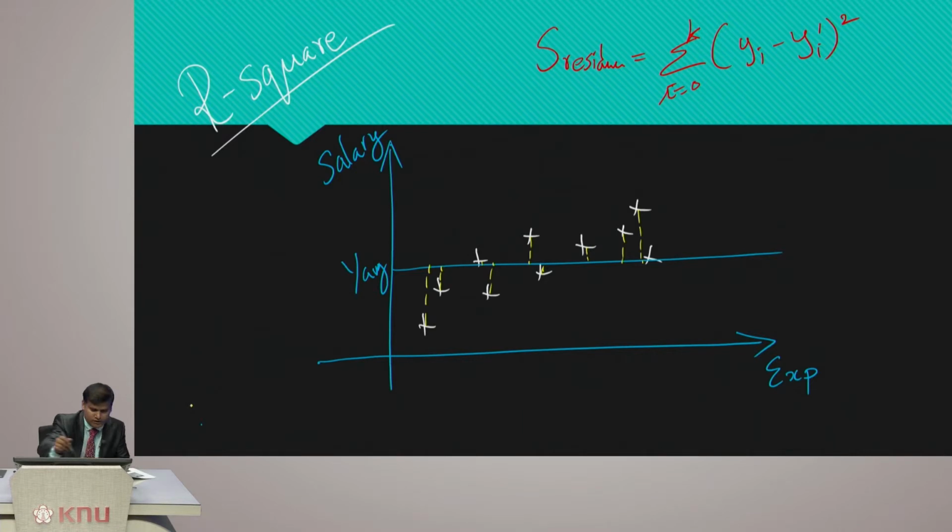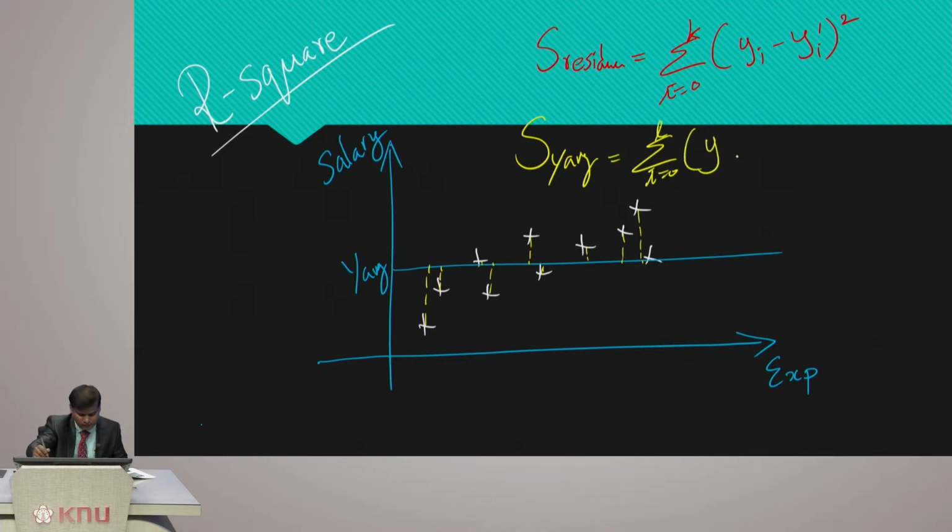Now we will introduce this term. Let's call it the sum of all this information, from i equals 0 to, let's say, L, of yi minus y average.